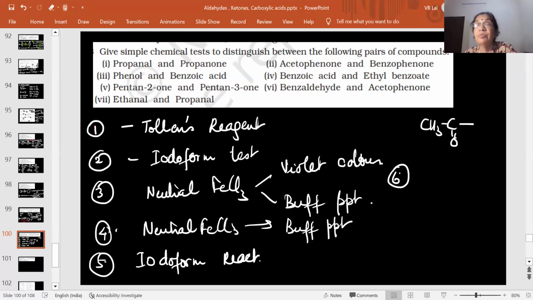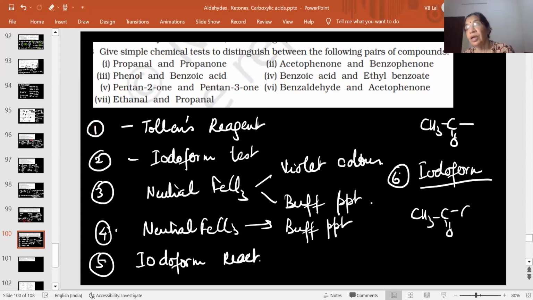And the last one is benzaldehyde and acetophenone. You can distinguish them by the iodoform test. Because acetophenone is CH3, C double bond O and C6H4.